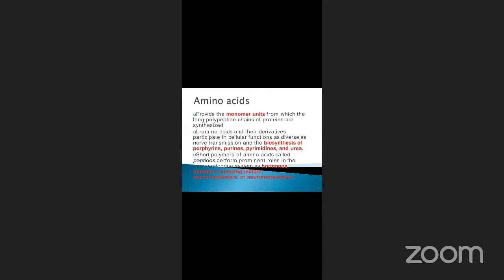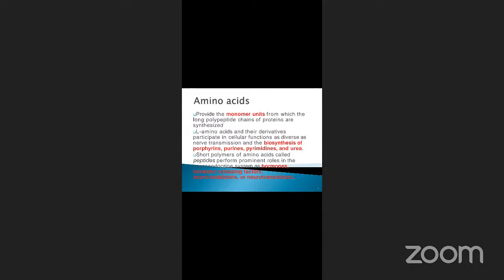So we have L and D amino acids in nature. Usually most of the amino acids involved in metabolism are L amino acids, and their derivatives. What do L and D amino acids mean? They are mirror images of each other.